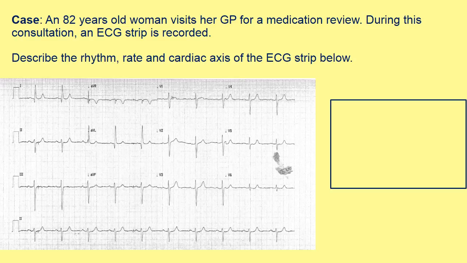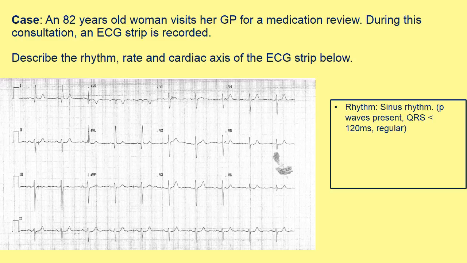And if you look at the P waves, you have normal P waves present. So this has to be a sinus rhythm. So sinus rhythm, P waves present, QRS less than 120 milliseconds, and then regular interval for the QRS complexes.